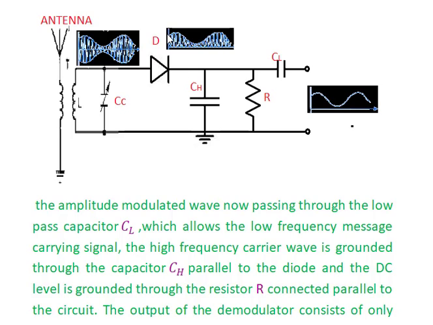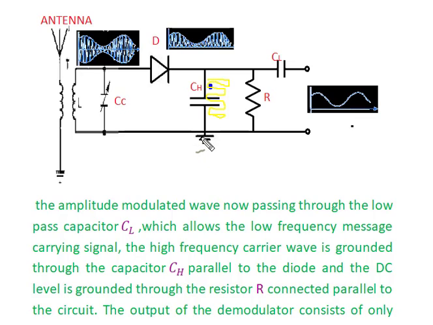The high frequency carrier wave passes through the high pass capacitor, connected in parallel to this CC capacitor, and this capacitor allows and grounds the carrier wave.